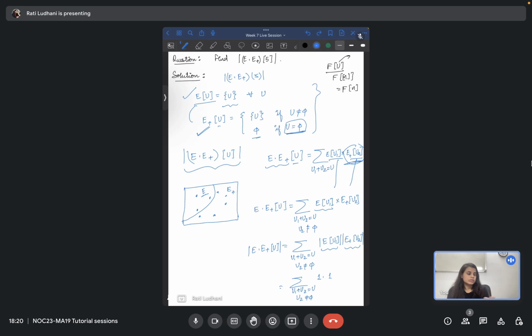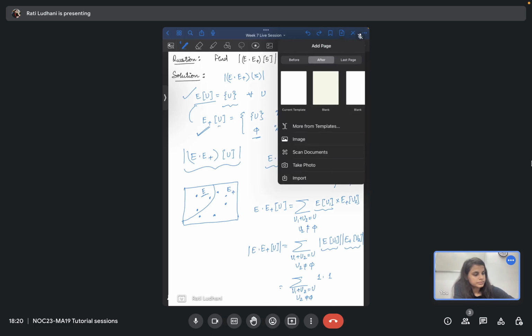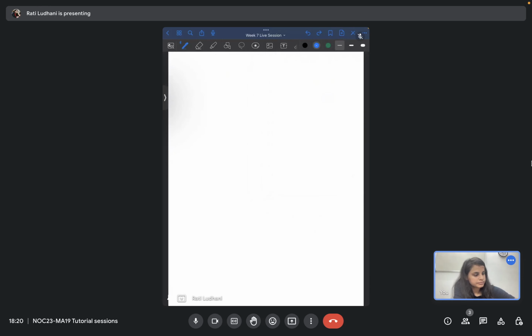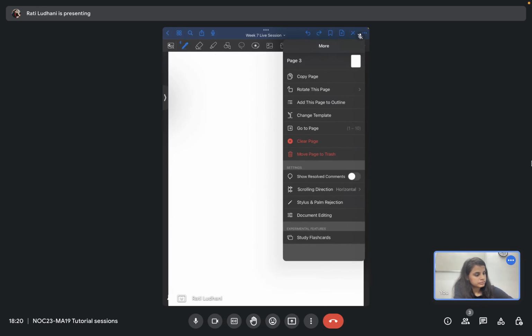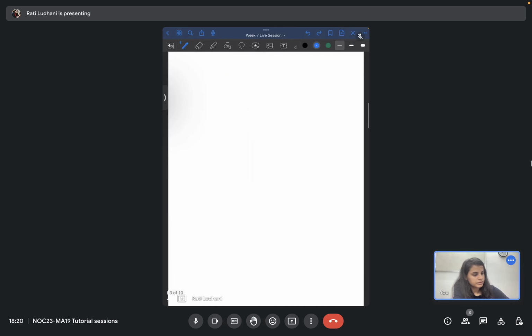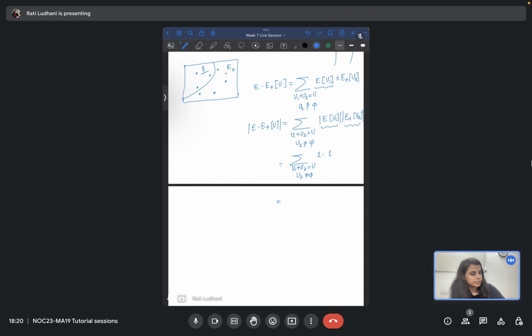Now what is the condition? For every U, we are interested in, for example, taking n and calculating it. So here you'll get the summation over u1 plus u2 equal to u, and u2 non-empty, and this is just 1. For example, if we want to calculate n, so U has cardinality n, then what will be the value?